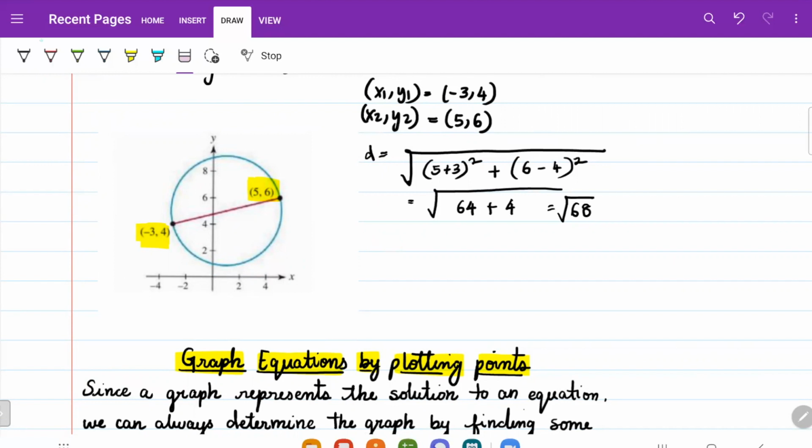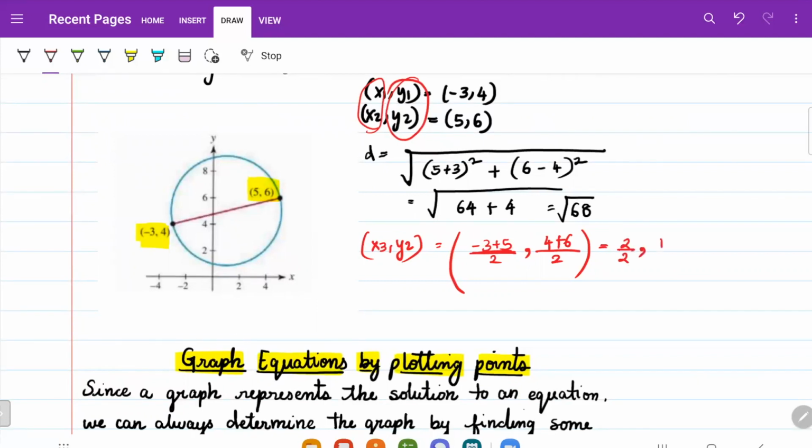So here we are trying to find x3 comma y3, which is the average of x1 and x2, which is minus 3 plus 5 over 2, comma the average of y1 and y2, which is 4 plus 6 over 2. 5 minus 3 here is 2, so we have 2 over 2. And here we have 6 plus 4 is 10, so 10 over 2. 2 over 2 is 1. 10 over 2 is 5. So that is our midpoint.